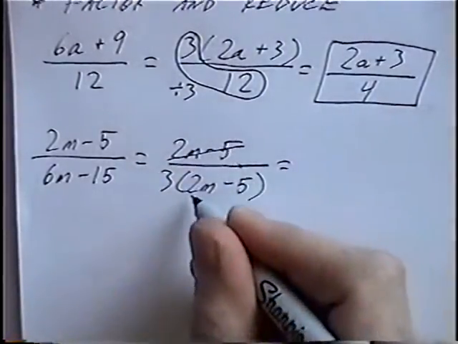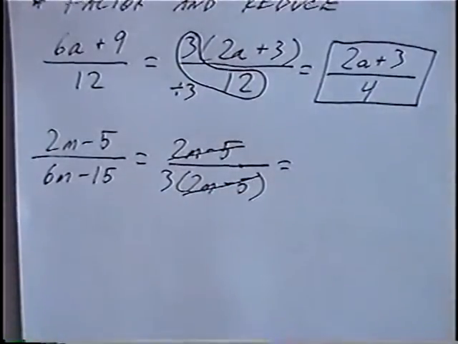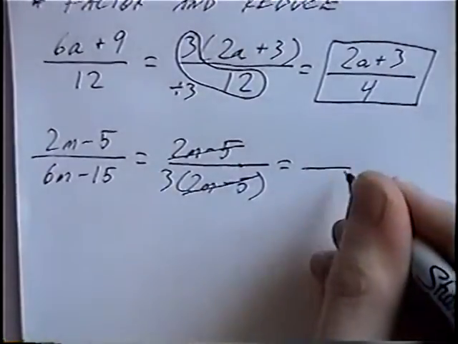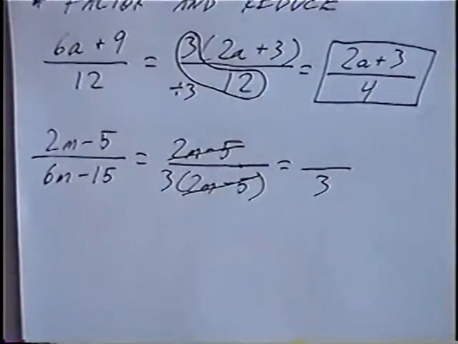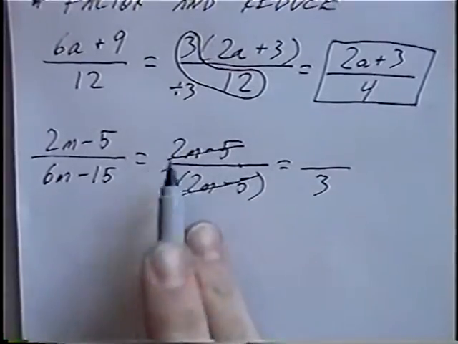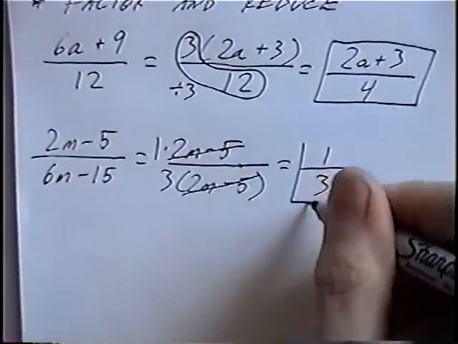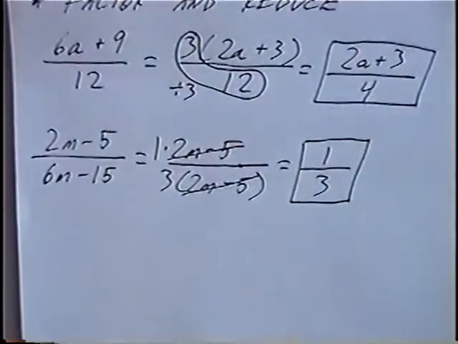So what we can do is divide those or cancel those out. For the final answer, we have a 3, which is on the denominator or bottom of the fraction. There's no number left on top, but if there's no number left on top, it's kind of like an imaginary 1. So your final answer would be 1 over 3.